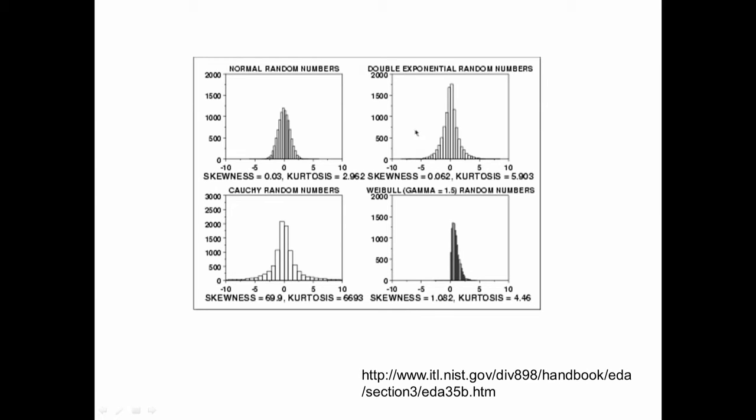Look at this. So you get different types of pictures depending upon the skewness and kurtosis, and each one is called some distribution. This is a normal distribution, this is called a double exponential distribution, Cauchy random distribution, this is Weibull distribution, and so on actually. Okay. And this was taken from this particular reference actually. It is very nice because a normal distribution is bell shaped, there is no leaning towards left or right, whereas when I have very high kurtosis it becomes very peaked.